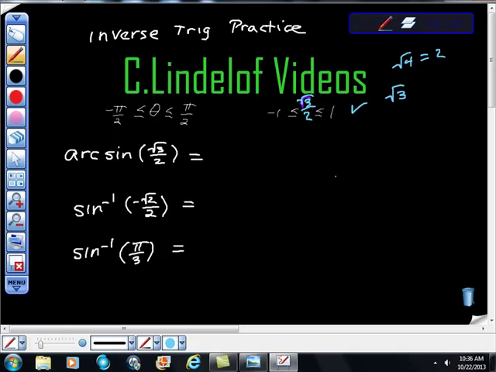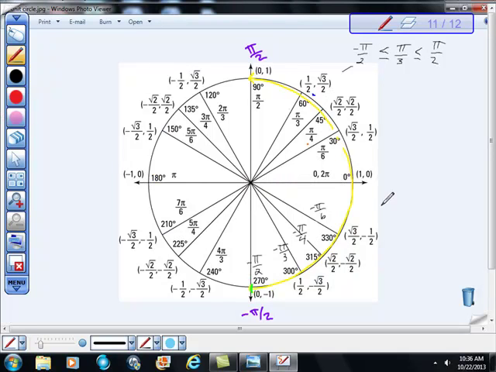So, okay. Then we're going to go looking. We've checked to make sure that this condition is true, and this condition is true. Now we're going to go look for a sine value that's square root 3 over 2. So sine value square root 3 over 2 is here, isn't it?